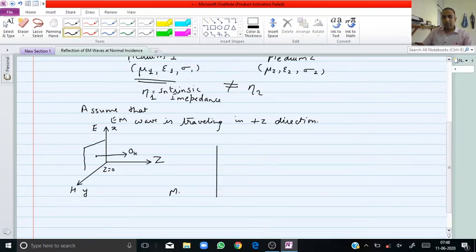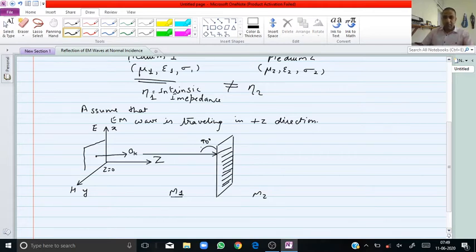If this is your medium 1 and this is your medium 2, then this arrow, that is this vector, will have an angle of 90 degrees with this interface of the two media, that is like this. Okay, this forms a 90-degree angle at this interface.